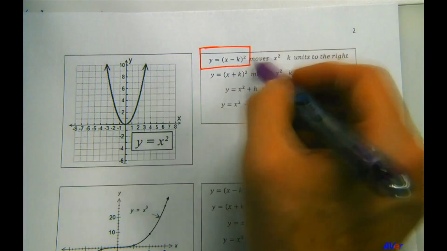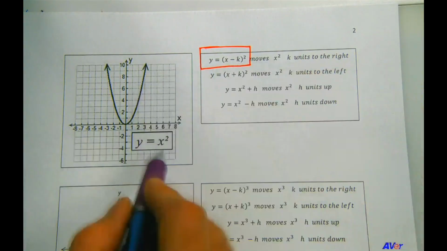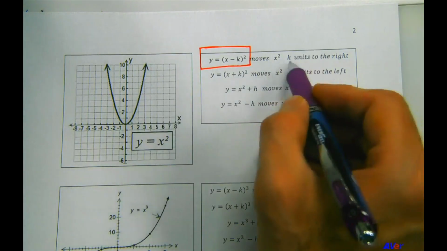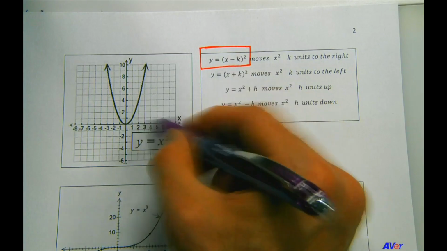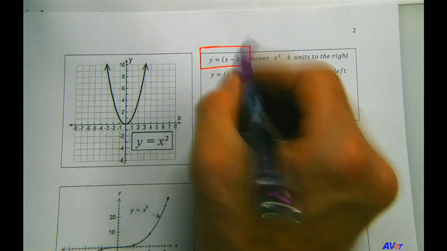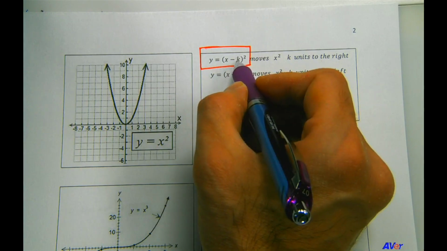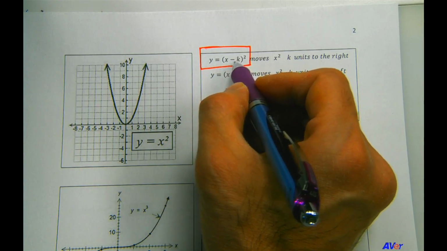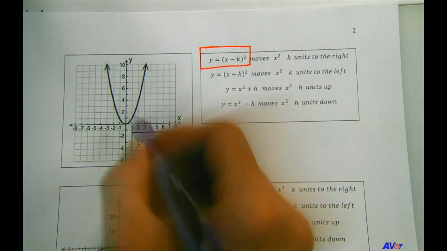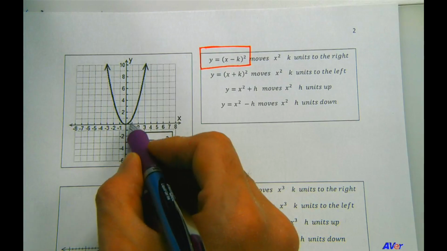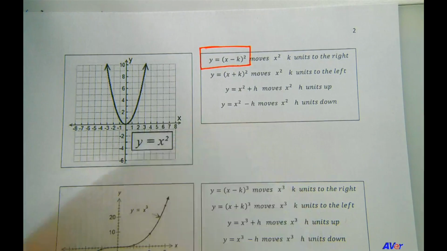So this function moves x squared k units to the right, because this algebraic sign stays negative. That means k must have been positive. So if k is 5, this would be x minus 5 squared, and this vertex here would move 1, 2, 3, 4, 5 units to the right.